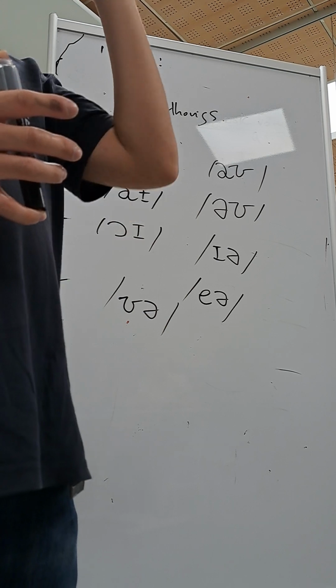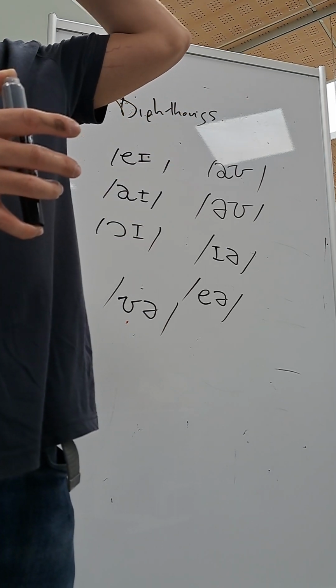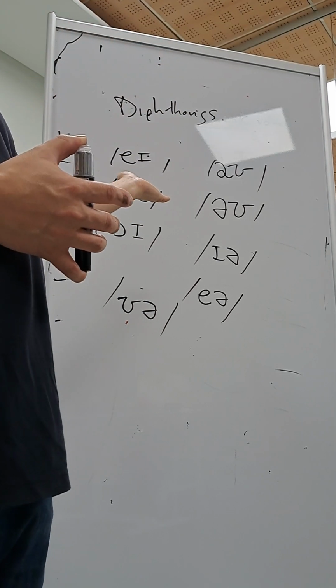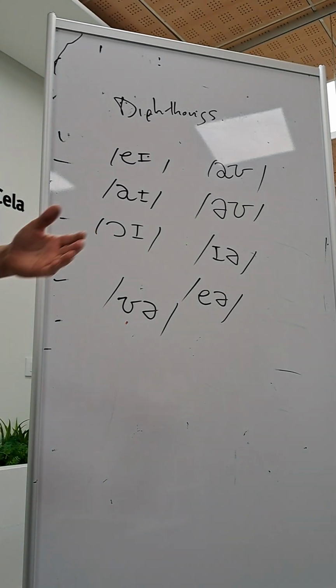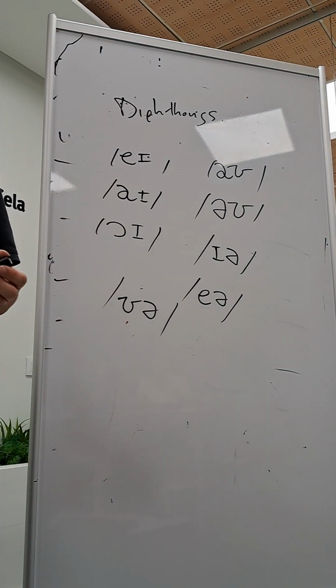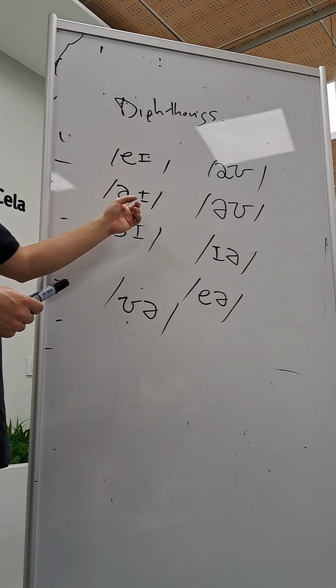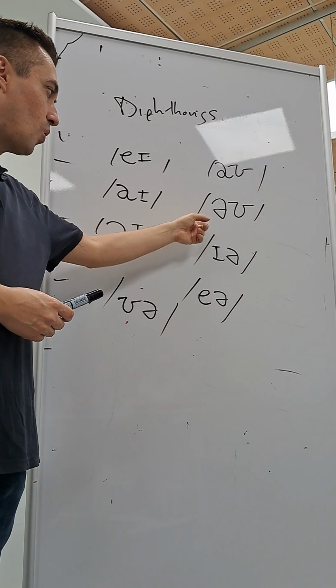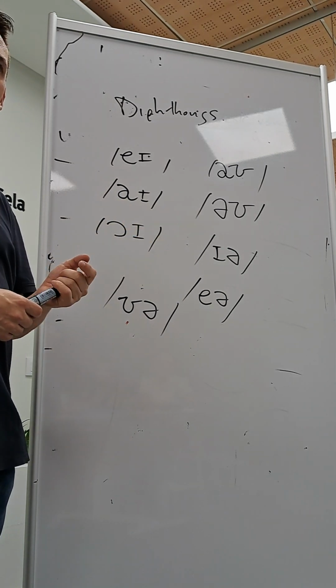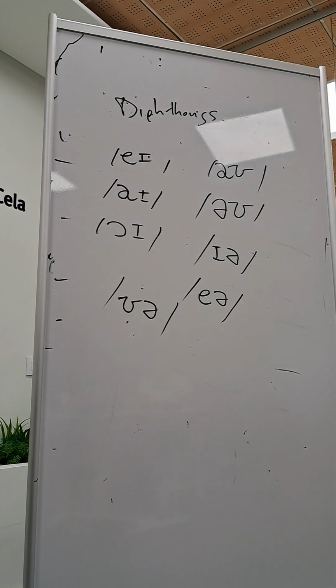You pronounce two vowel sounds together in a quick glide. That is a diphthong. And then I would mention the similarity with Spanish, and say that they're quite easy, at least some of them, for Spanish people to do.